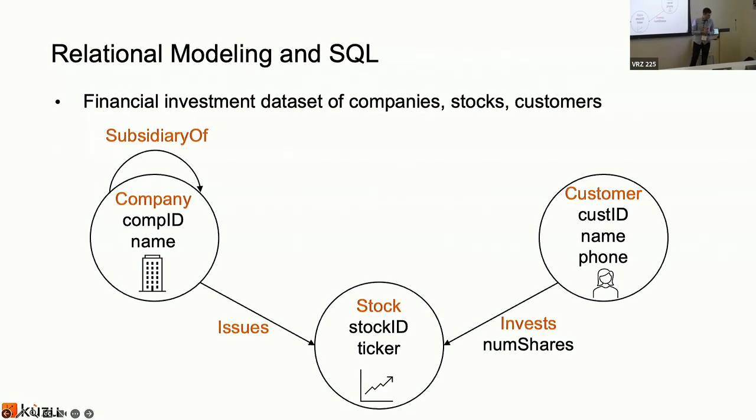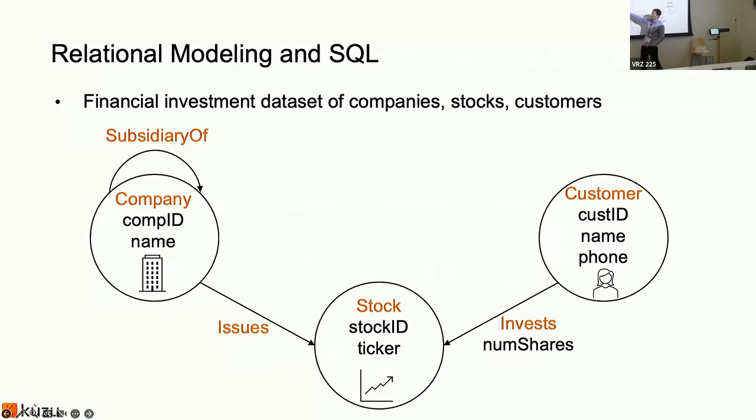So I'll motivate the need to go beyond relational systems with an application from the finance domain. This will be my running example. So suppose you've got a data set that you want to build applications over that consists of companies.